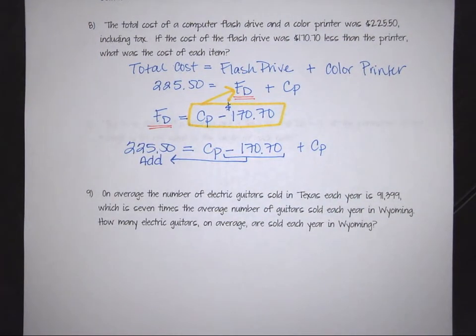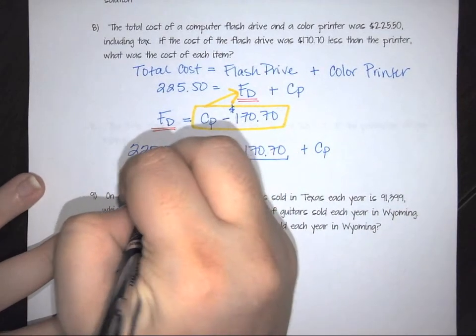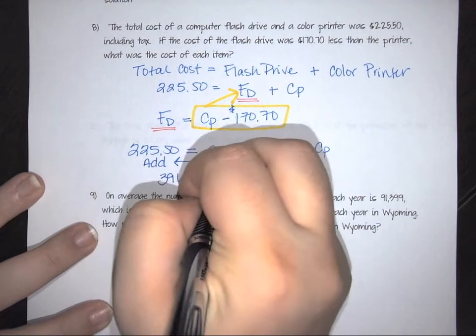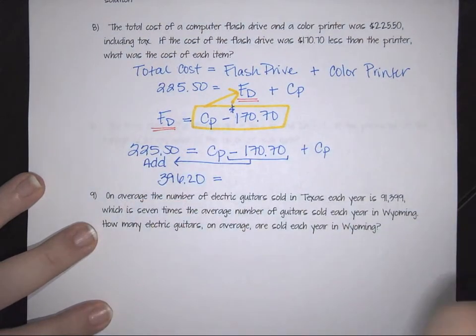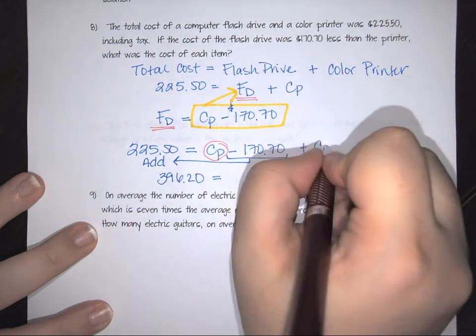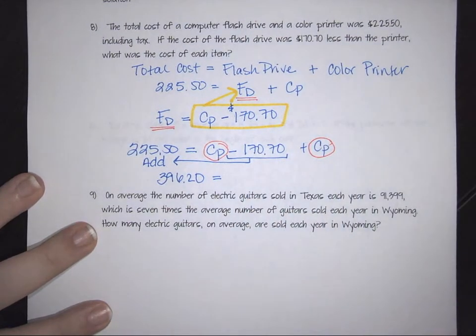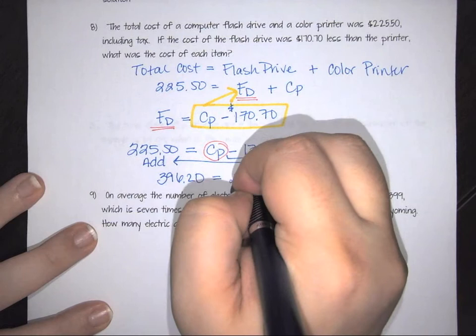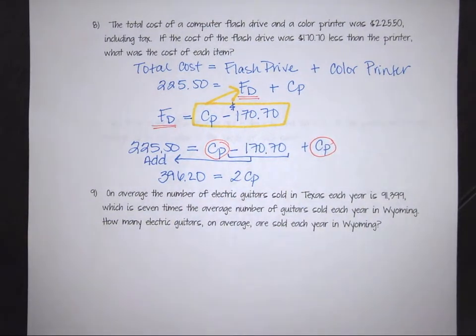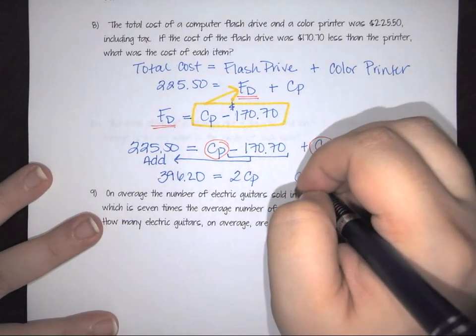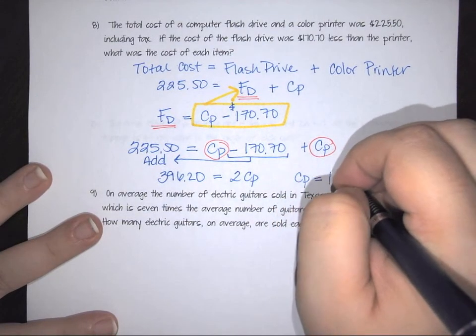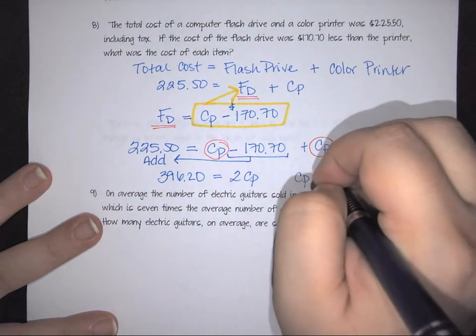So in this case, we're going to have the $225.50 plus $170.70 is going to give us $396.20 is equal to, and then the other thing that I have is I have 1 color printer and 2 color printers. So combining that gives me 2 color printers. Divide it by 2 and we come out with your color printer equals $198.10.